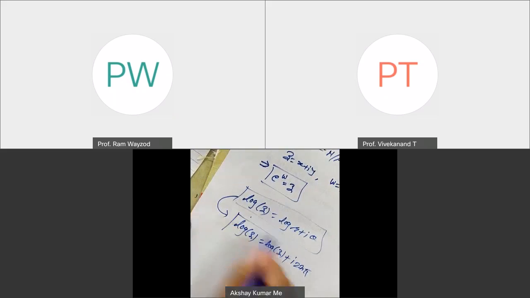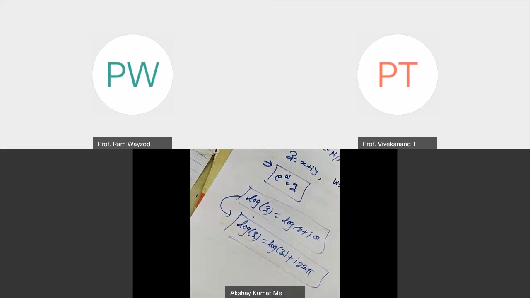So both formulas are very useful to solve engineering problems.